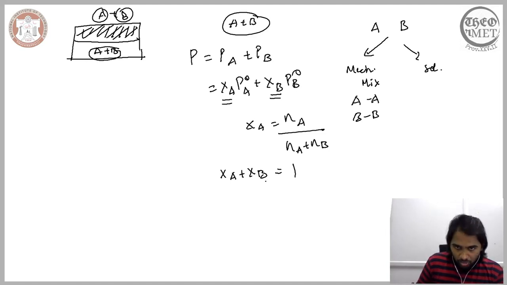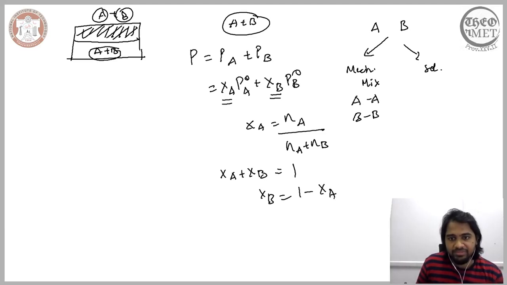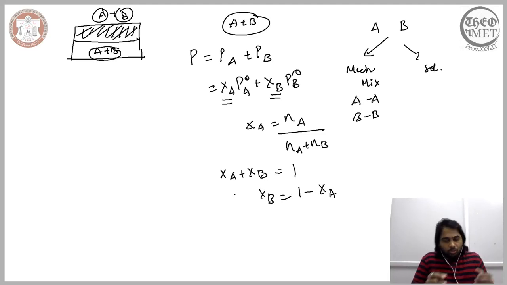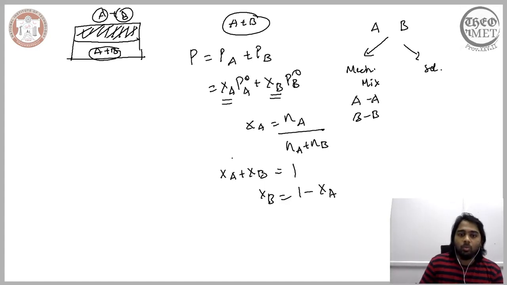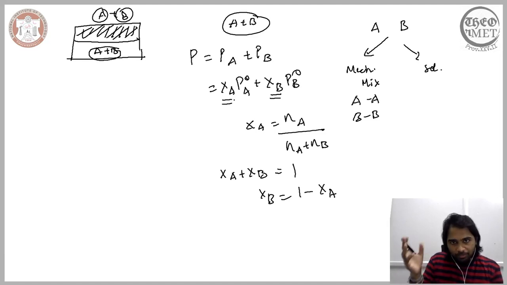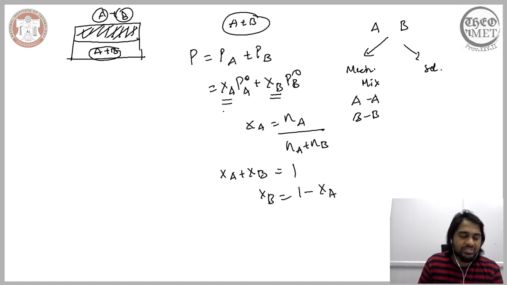Since this summation holds, XB, the concentration of the other component, can be expressed in terms of the original one. So the concentration of solute can be expressed in terms of the solvent. This is the reason why we have adopted mole fraction to express concentration. Now the overall vapor pressure for a mechanical mixture is the summation of the product of the concentration and the saturated vapor pressure.